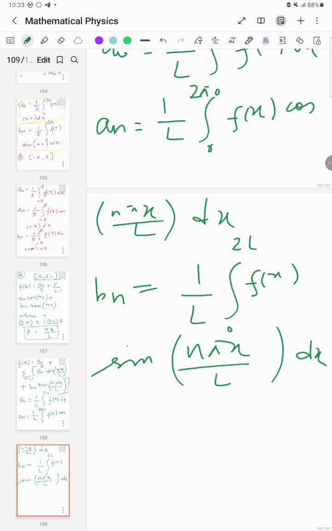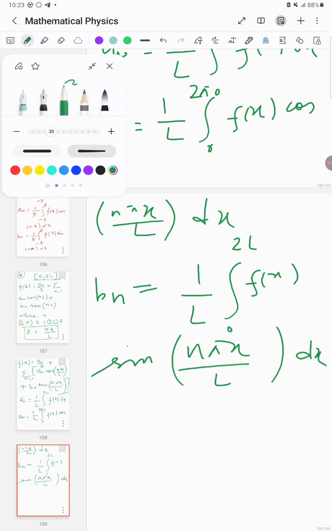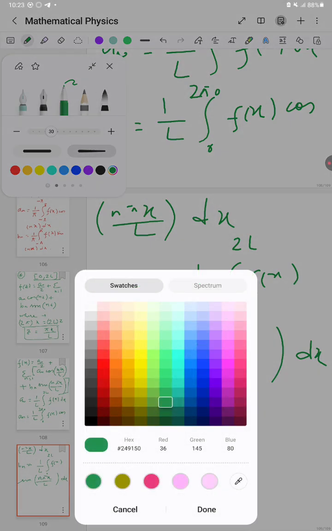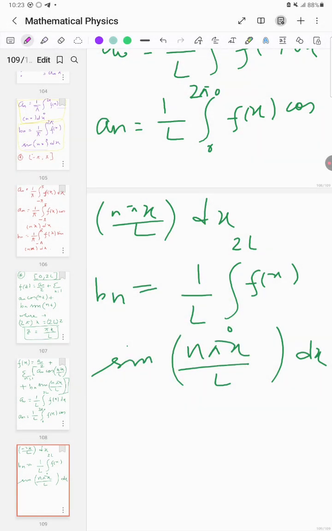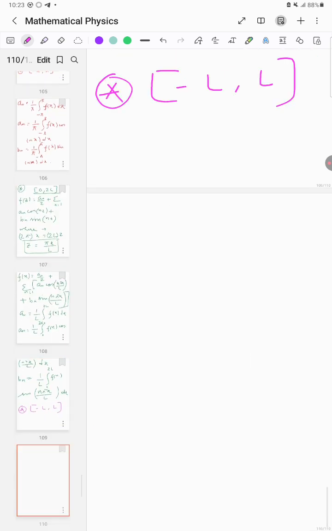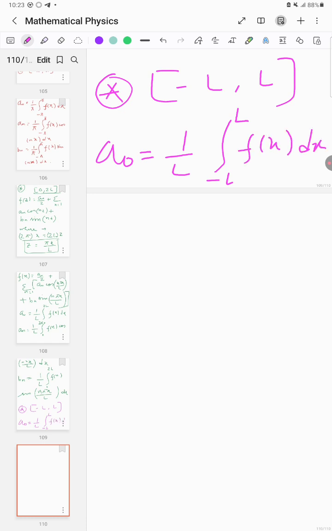So similarly, what if our interval, again another case, we'll prefer changing the color. Let us change this to pink. So again, when the interval changes from minus L to L, similarly all these terms will also change. Like a naught, what will a naught become? A naught will become 1 by L integral minus L to plus L f of x dx, right?